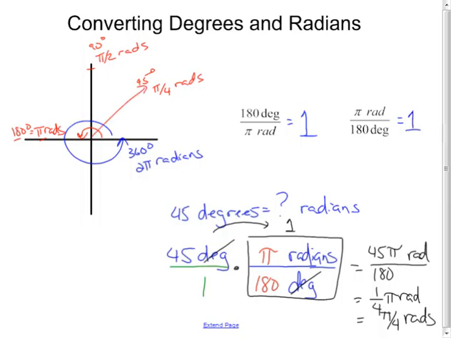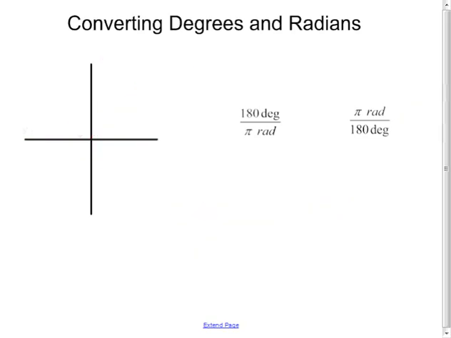45 degrees would be about there. Okay, so let's take a look at another example, but we'll go from radians to degrees. We're going to convert 2 pi thirds radians is equal to how many degrees?